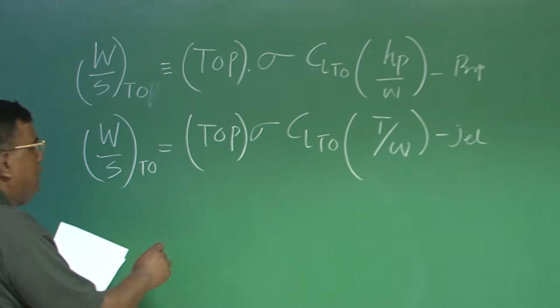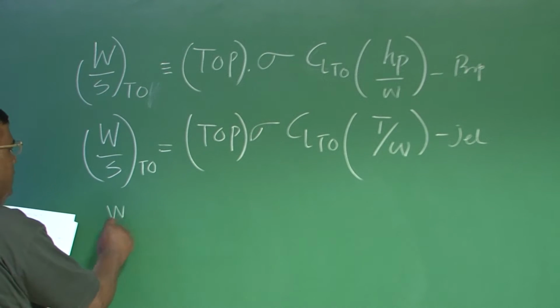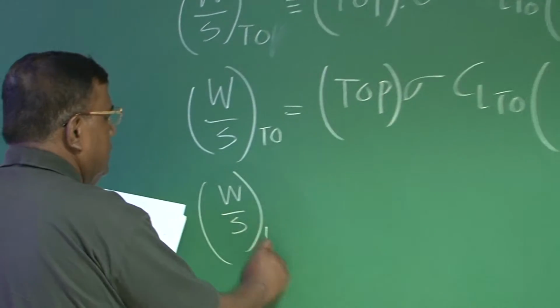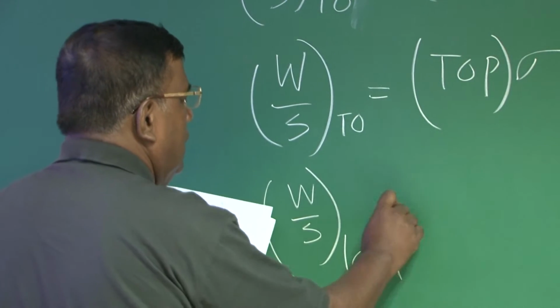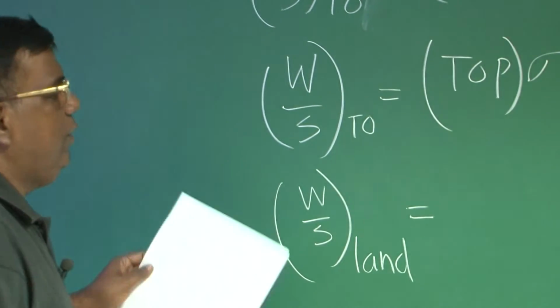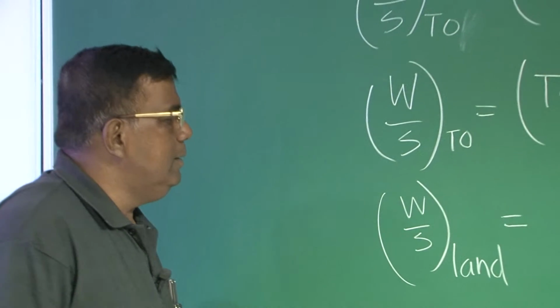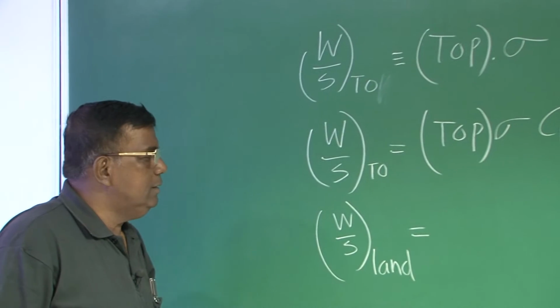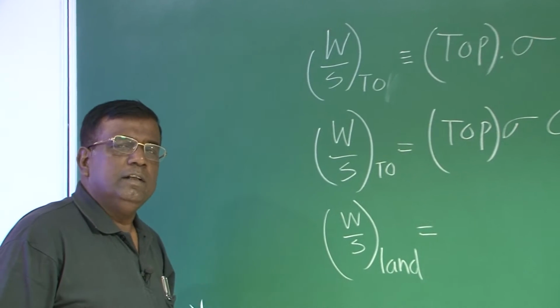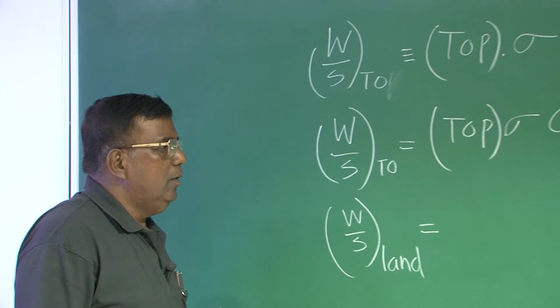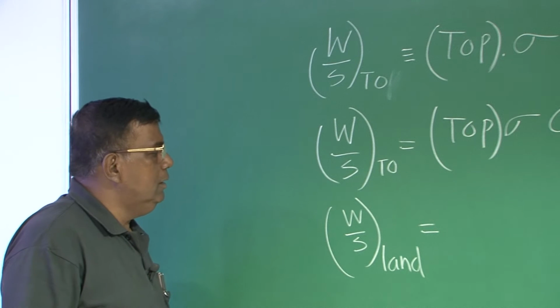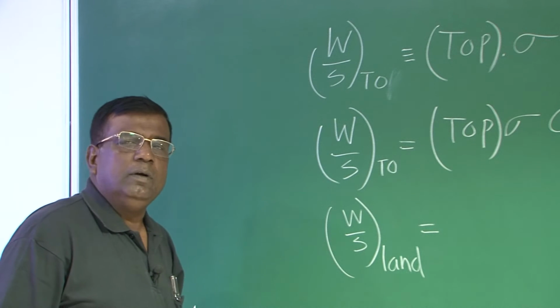Similarly, we have discussed about W by S landing. And when I talk about W by S landing, we understand that when the airplane takes off, it has full fuel. When it's coming for landing, the fuel will be consumed.